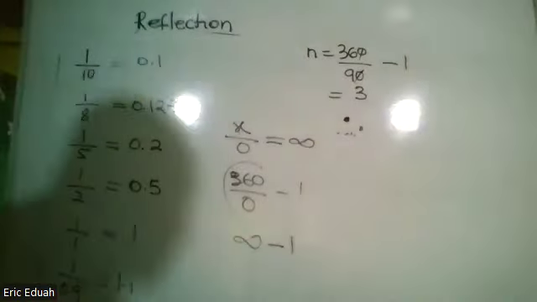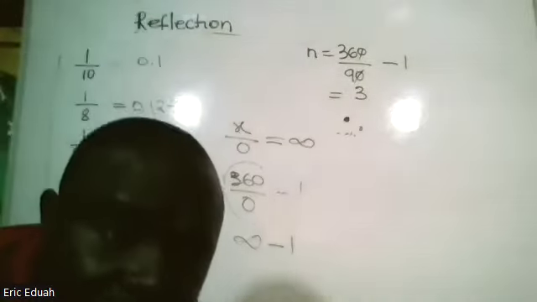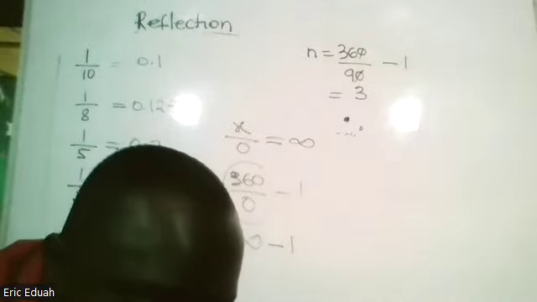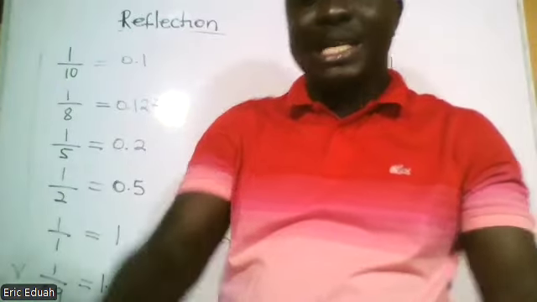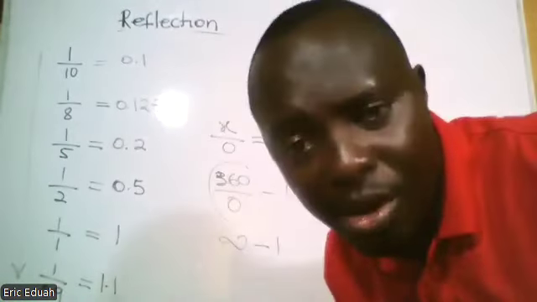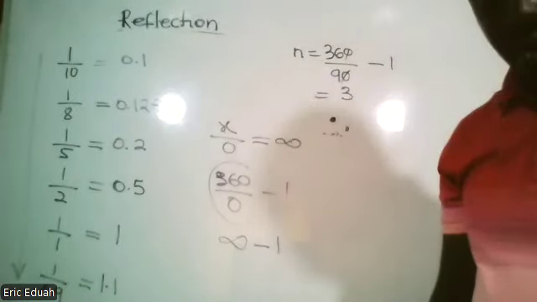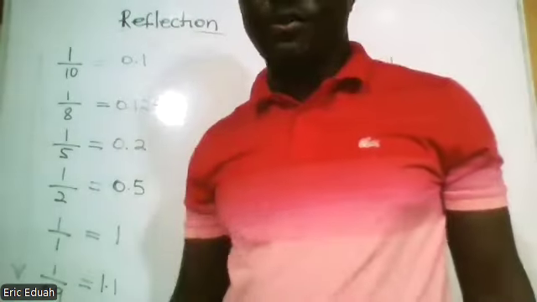Infinity minus 1 is a very large figure. And that explains why, when you look at yourself in two mirrors arranged parallel to each other, the angle between them is 0, and you get an uncountable number of images, because this ratio would give you an infinite value.